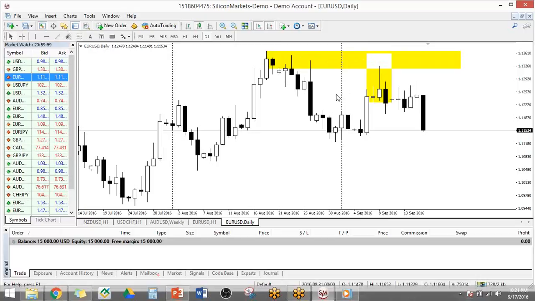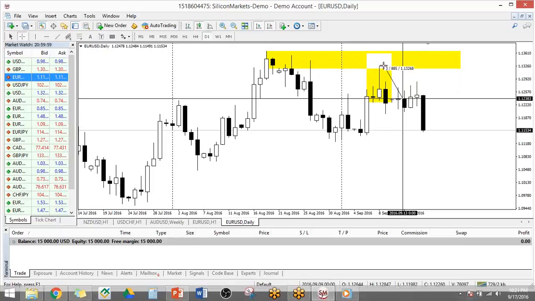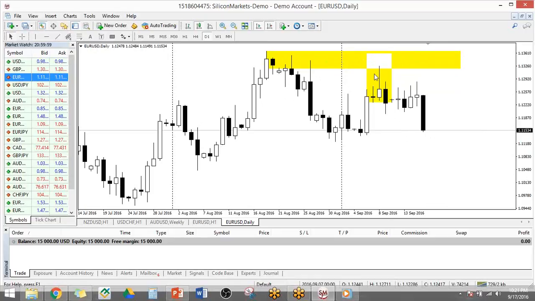So that's kind of a double confirmation for me, and that might actually be a good trade to take. If you want to sell over here, and then you want to have a risk reward of 2:1, so that's like let's say 100 pips here, and then your target would be like 200 pips, somewhere over there. Okay? So that's a good sign right there.